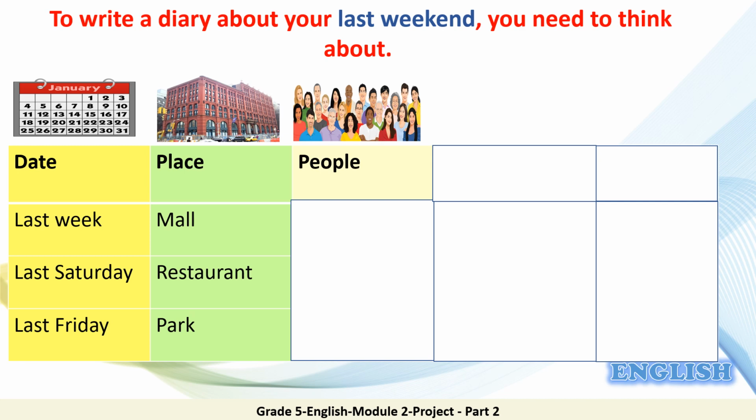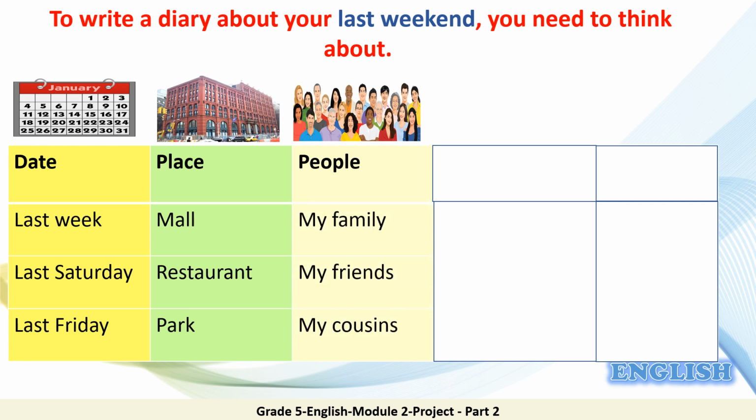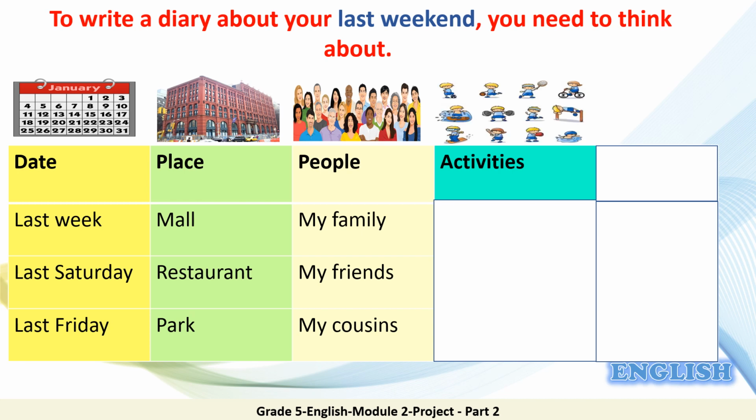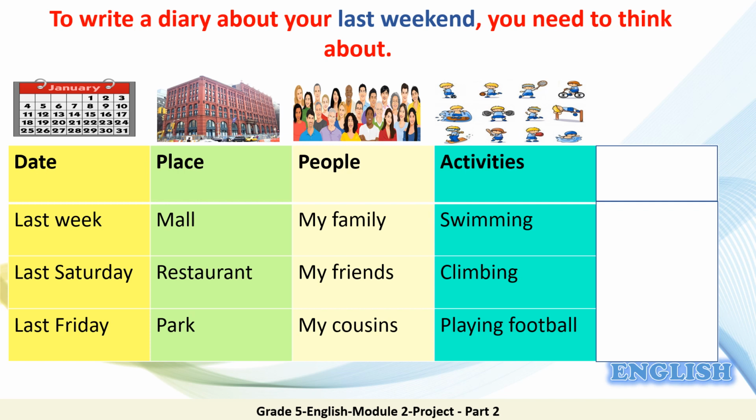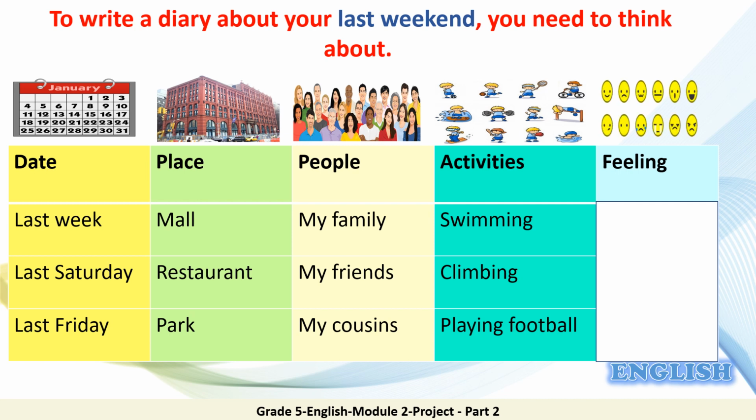For example, my family, my friends, my cousins. Then, activities. For example, swimming, climbing, playing football. The last thing is feeling. For example, happy, excited, bored.